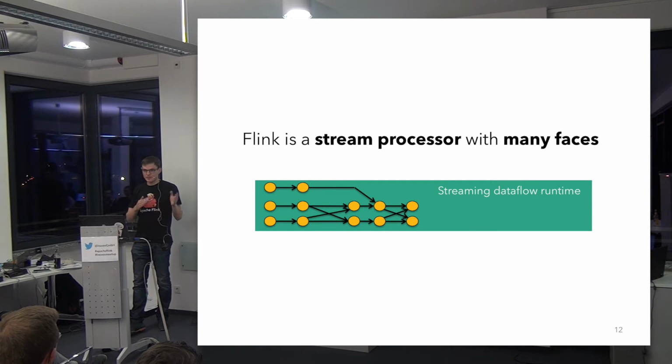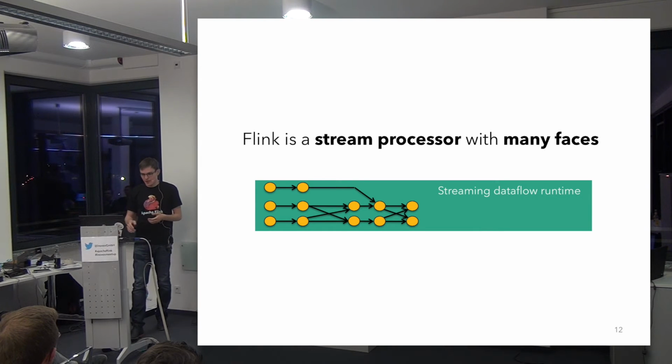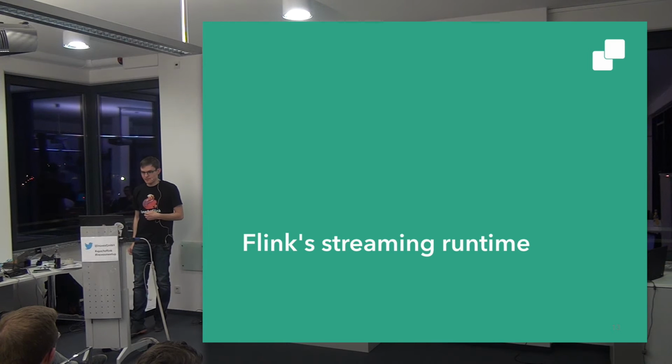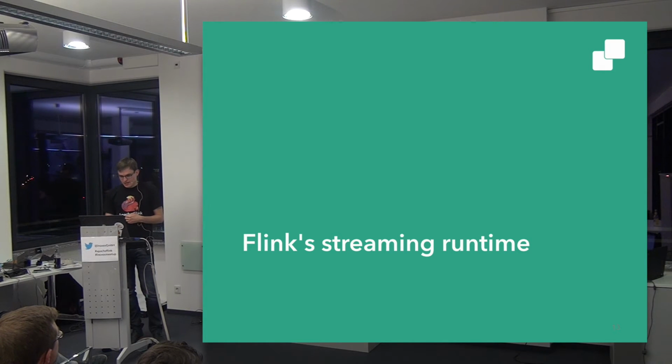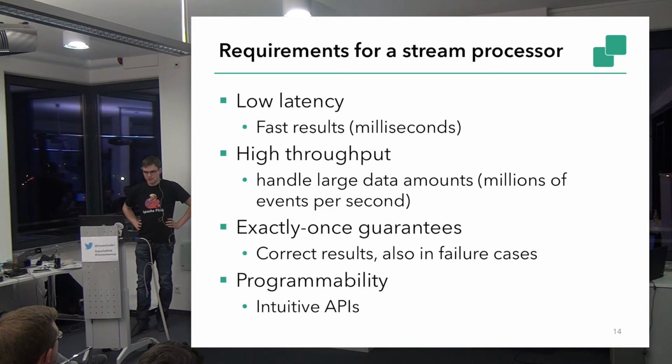And this engine is able to process batch workloads, but also streaming workloads, machine learning, graph processing, and so on. So for the next few minutes, I'm going to explain how the engine, the runtime of Flink, works. And for building such an engine, we looked at the requirements that people have when they need such a system.